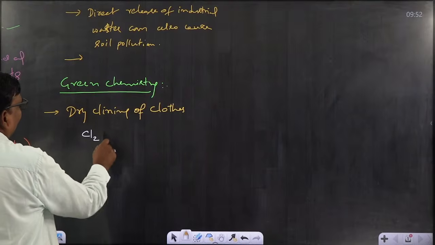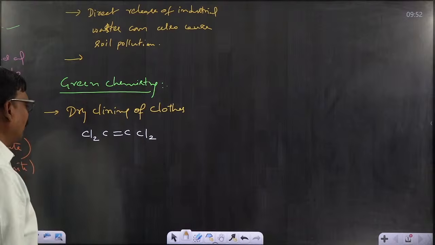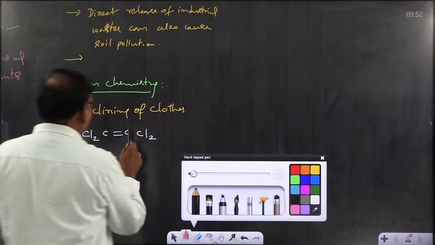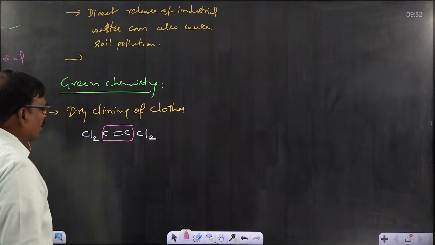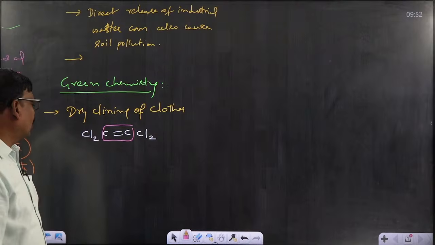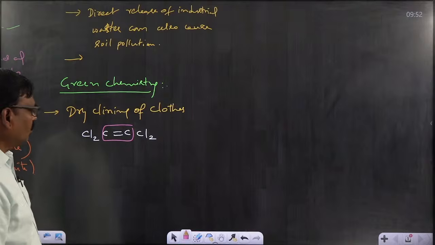We know the formula of tetrachloroethene: there is a double bond between the two carbons and each carbon carries two chlorines. Actually, the use of tetrachloroethene will cause soil pollution.